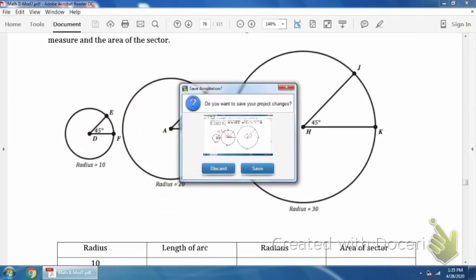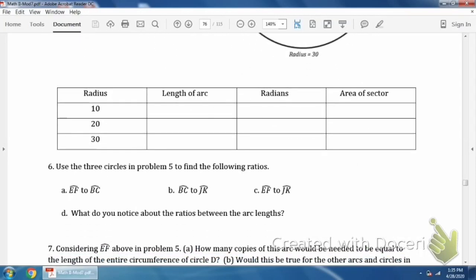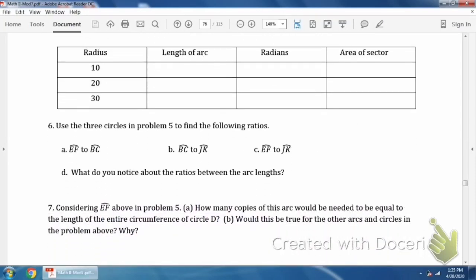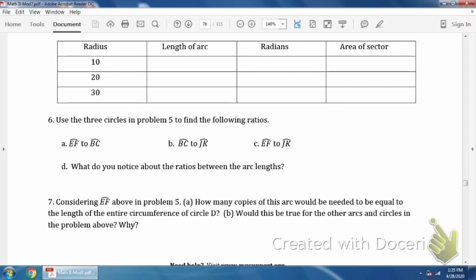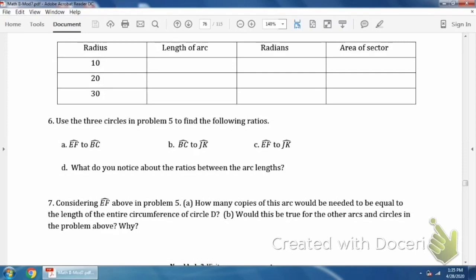Then fill in that table with all the stuff we just talked about. On 6, you're just writing ratios. Remember, when you see this right here, that's talking about arc EF.